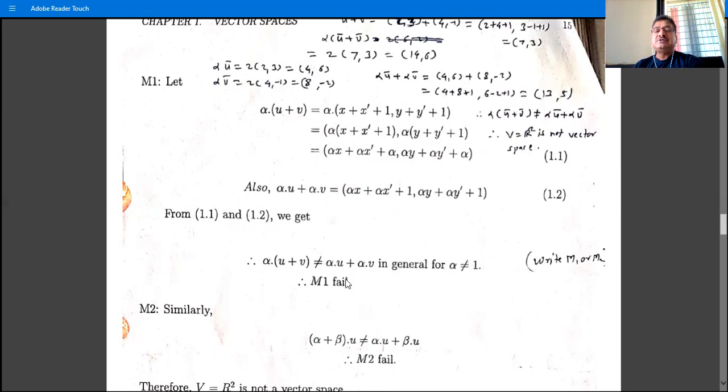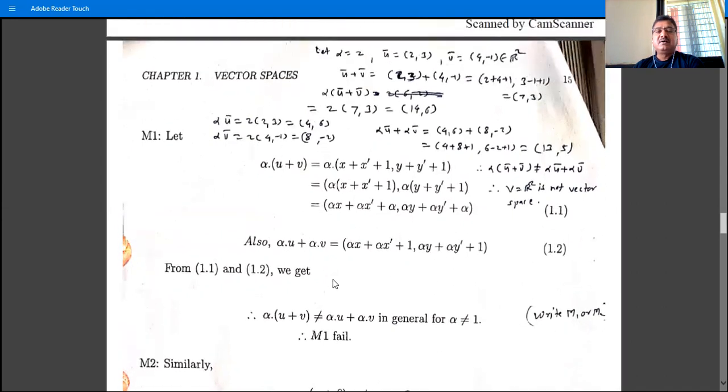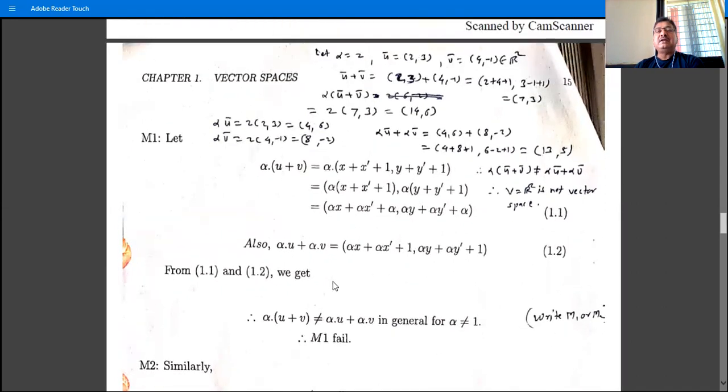When we have to show that this property fails for the set, we have to give a counter example. Either write this proof, which is the general statement, with general elements. Take u bar as (x, y, z) and v bar as (x', y', z'). Then what is the LHS?